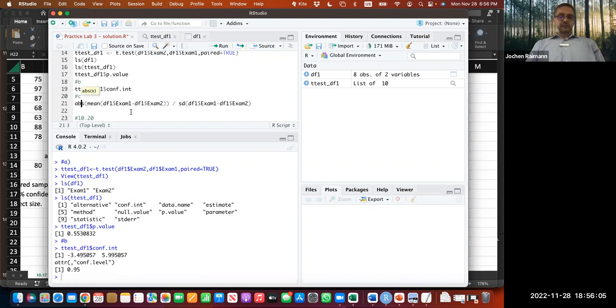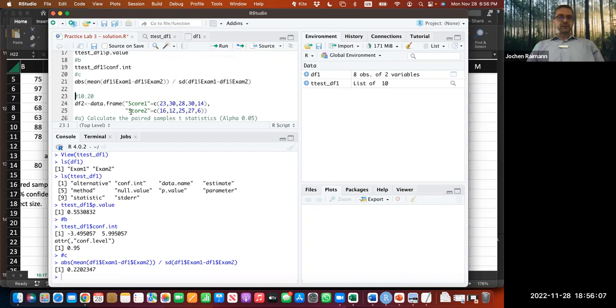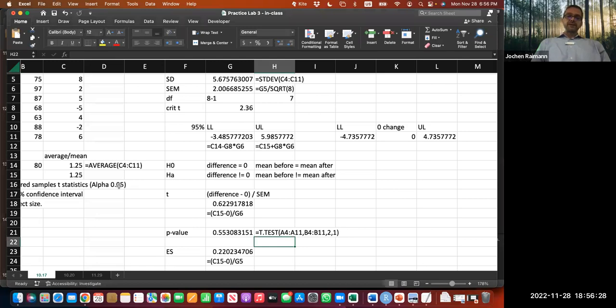Effect size is on line 21, which is the absolute mean difference divided by the standard error of our difference scores. Same as we calculated in Excel. Okay, so that's simple, right? So R is a useful tool for your analysis.